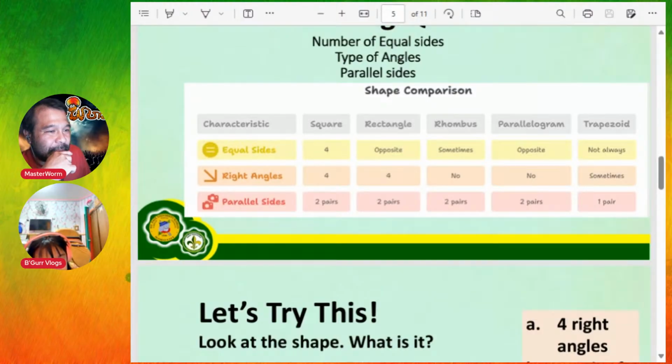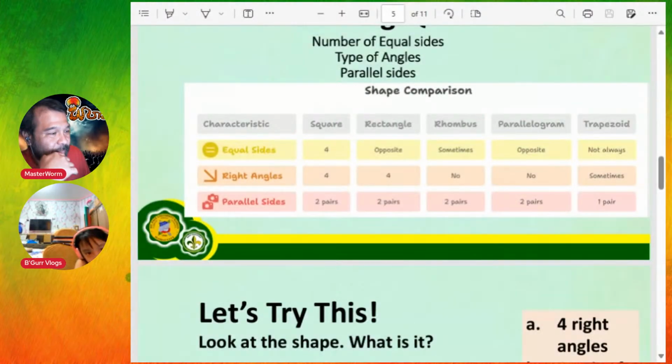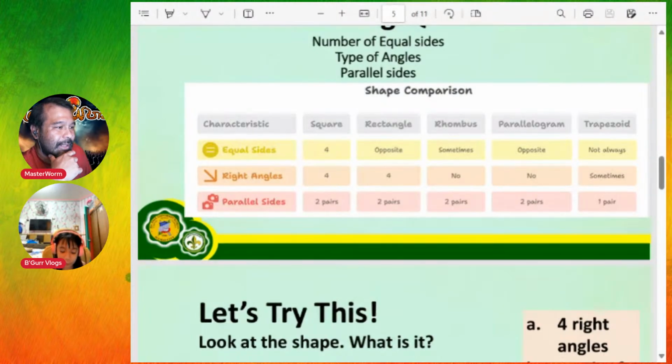No, no, no. A rectangle has 2 only. Wait. I have four equal sides, but not all my angles are right angles.